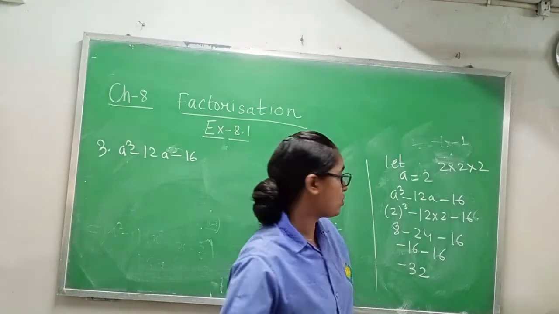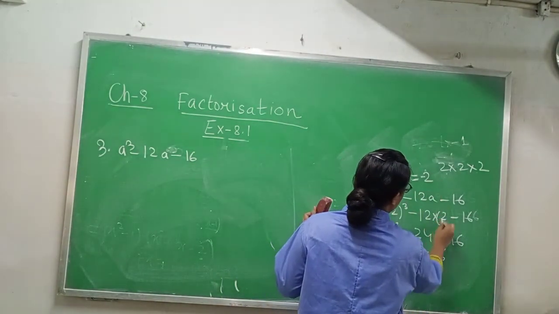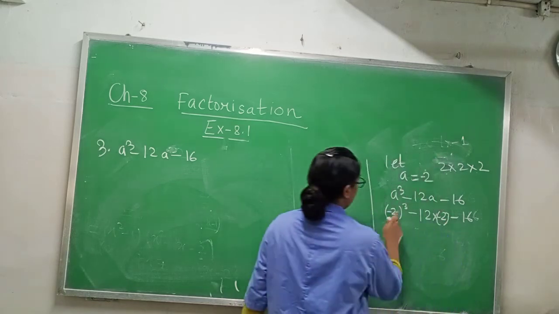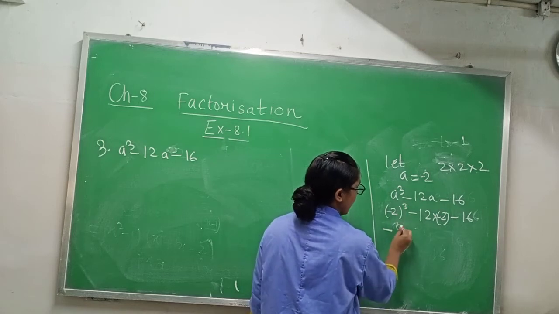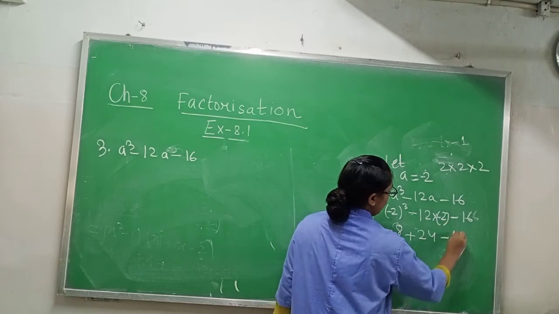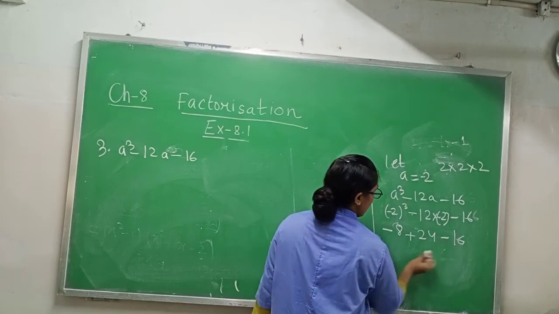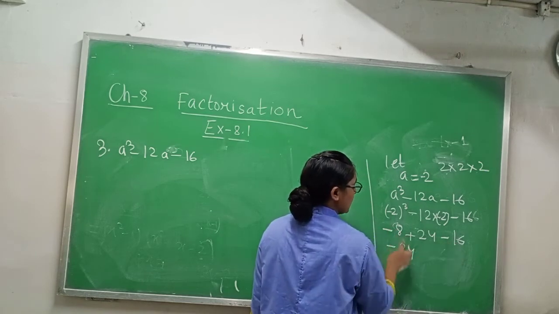Again take minus 2. So I am giving minus 2. Now see, power is odd, it means minus sign will come. 2 cube will give you 8, minus minus plus 12 into 2, 24, minus 16. Now minus 8 minus 16, minus minus plus 16 plus 8, 24.